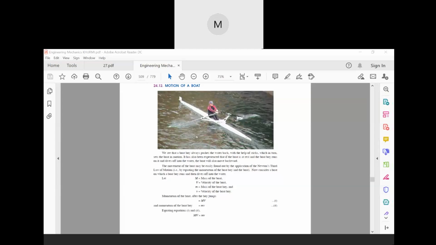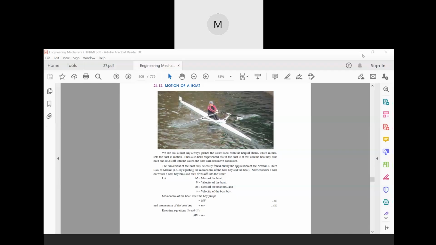Is my audio clear, everyone? I guess all of you can see the screen.